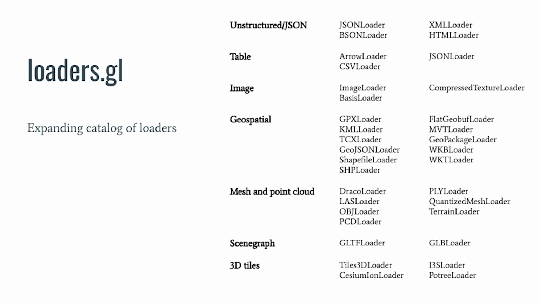There are image loaders that now include the latest super compressed texture formats like Basis, and the geospatial loaders also keep growing, looking especially into the new cloud optimized geospatial formats. And we have a number of mesh and point cloud loaders, scene graphs like GLTF, and obviously the 3D tiles loaders.